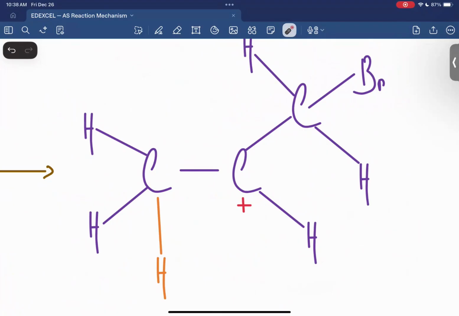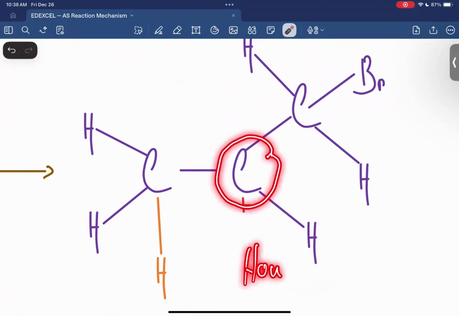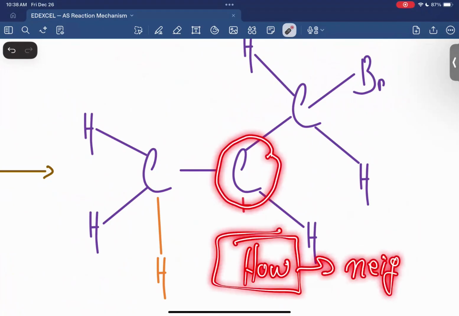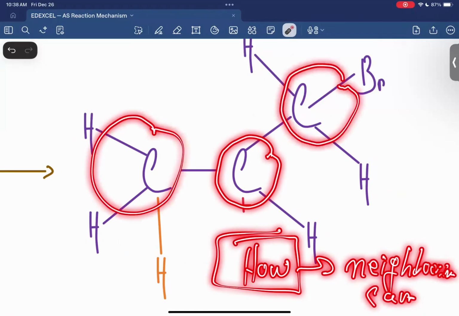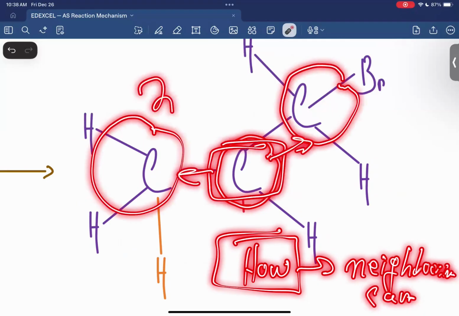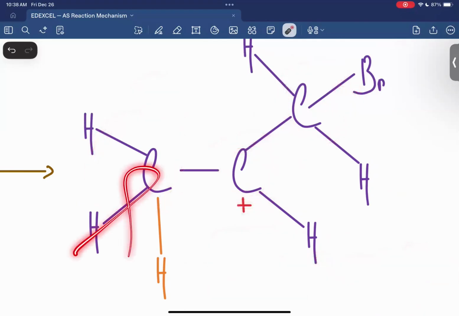Now, how many carbons does this carbocation have in the neighboring position? One carbon, two carbon. Since it has two carbons as neighbors, this is what we refer to as a secondary carbocation intermediate.